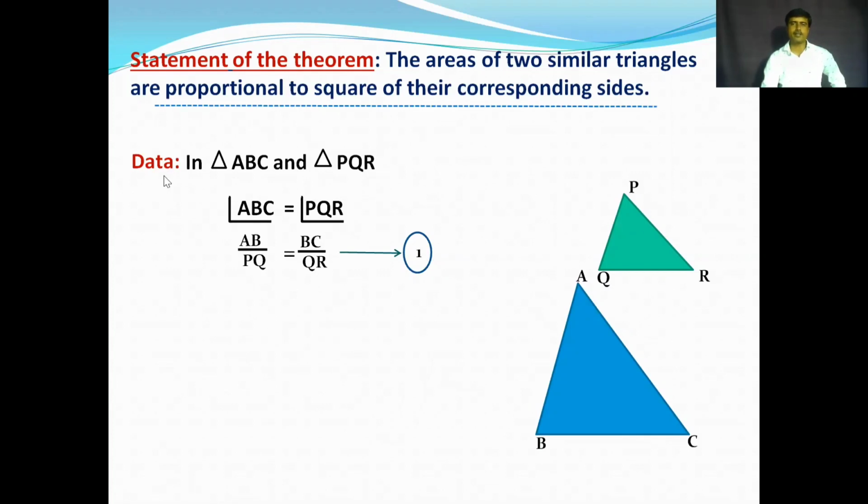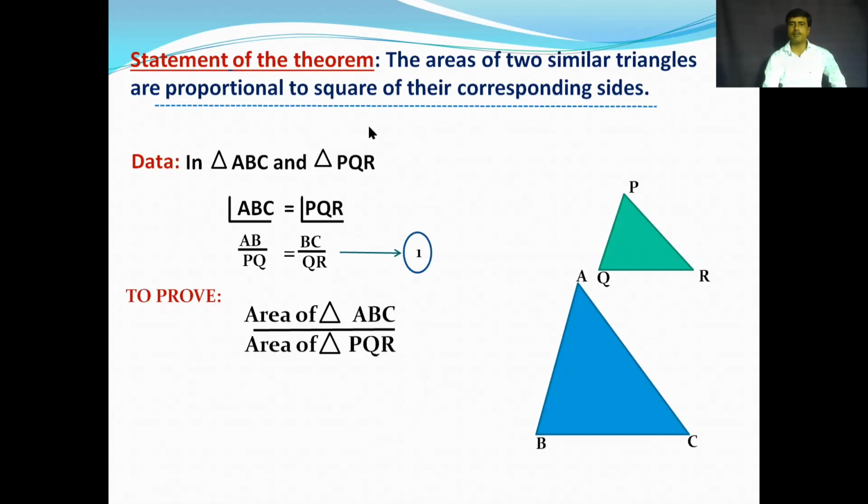After data, the next thing comes is to prove. The statement says areas of the similar triangles. That means the statement is dealing with the areas of the triangle. So the two triangles are ABC and PQR. Proportion means I need to divide the two areas. So area of triangle ABC and area of triangle PQR is proportion.